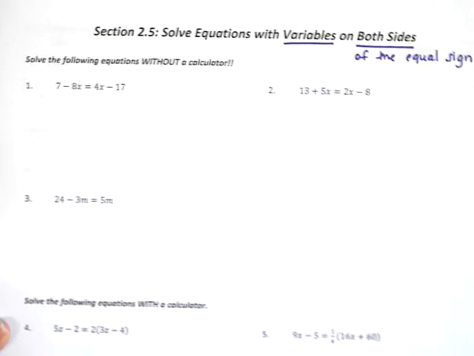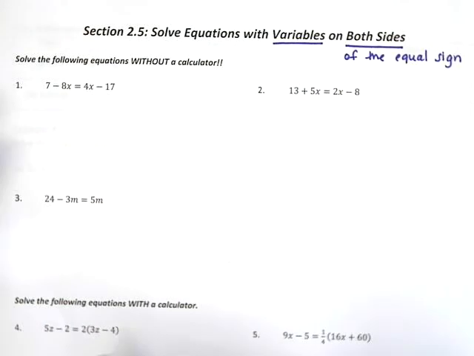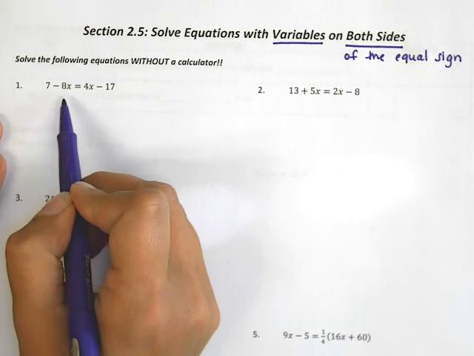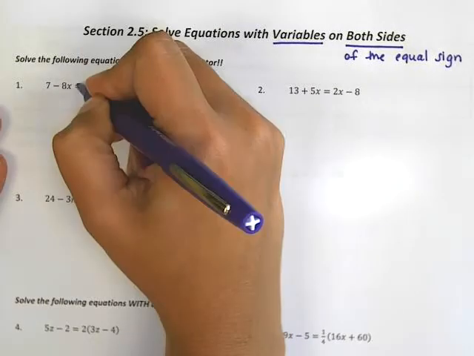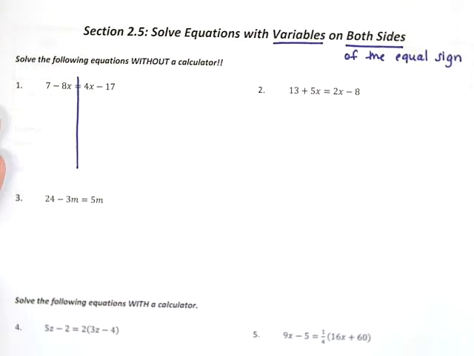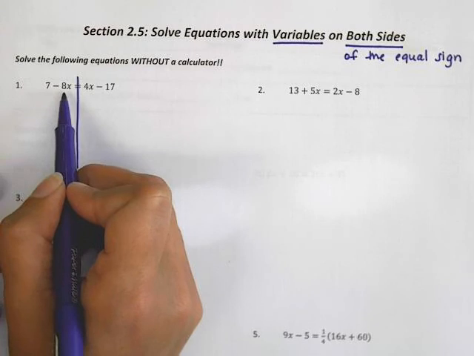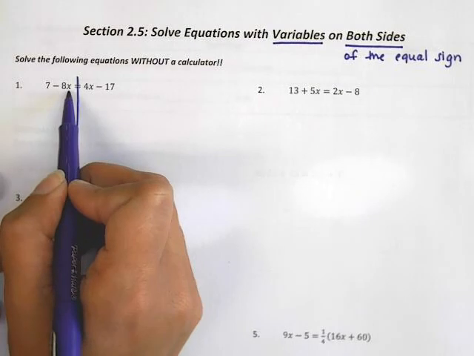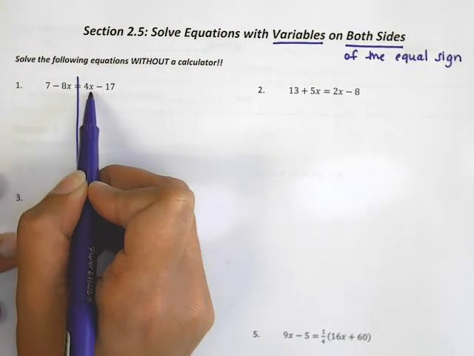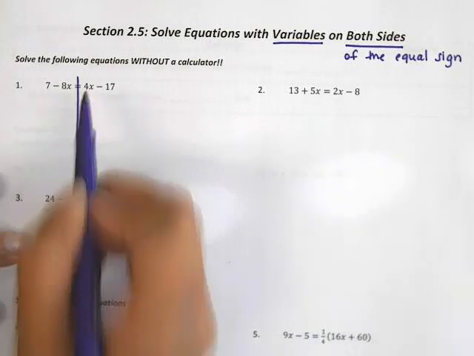So here's what I mean by that. If you look at example number 1, if we draw our line through our equal sign and we look at the terms that are on the left and the terms that are on the right, on the left side there's a term that has an x in it, and there's also a term that has an x in it on the right side.